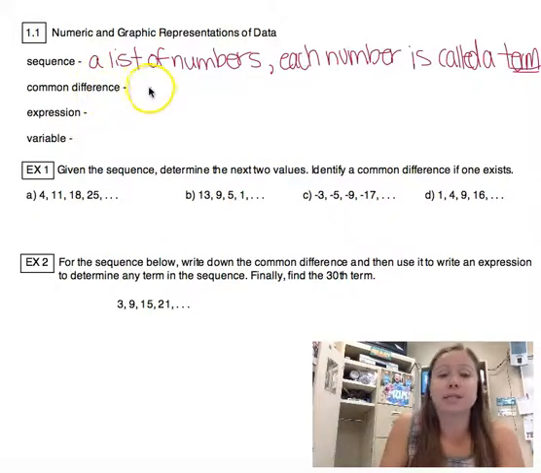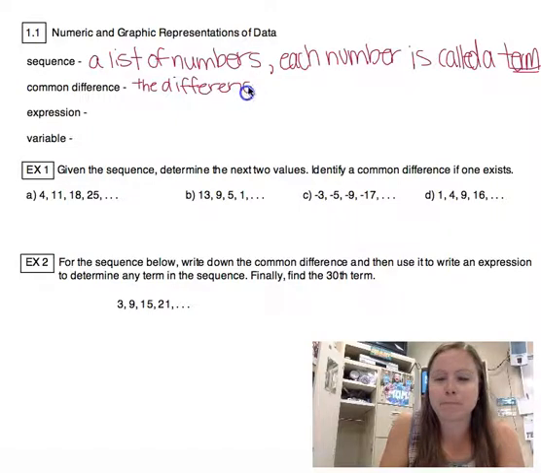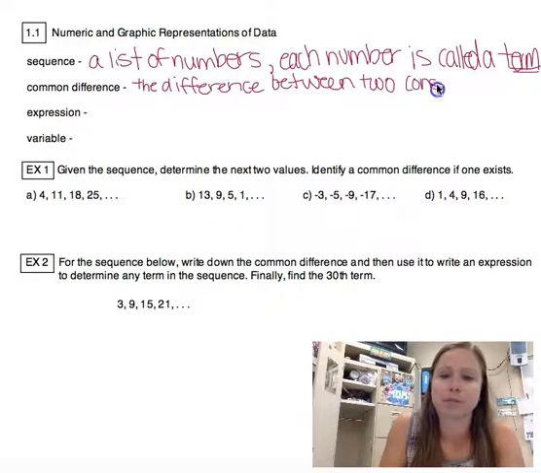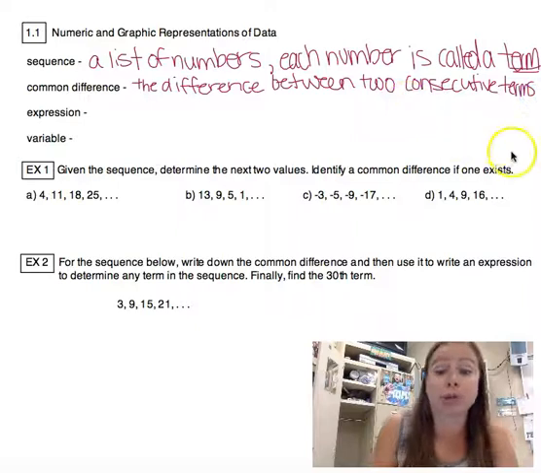Common difference is the difference between 2 consecutive terms. And consecutive means next to each other.